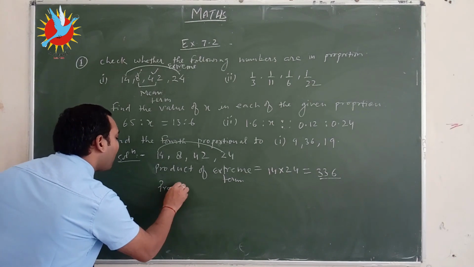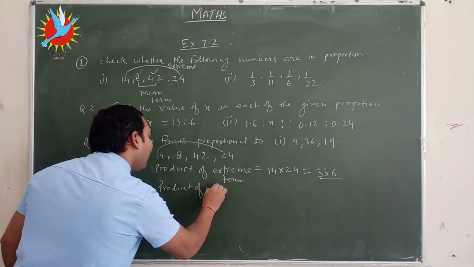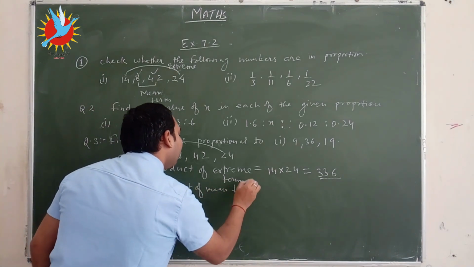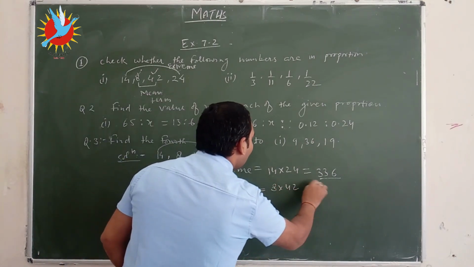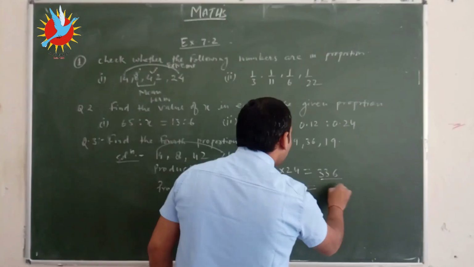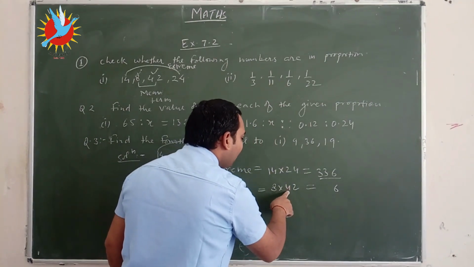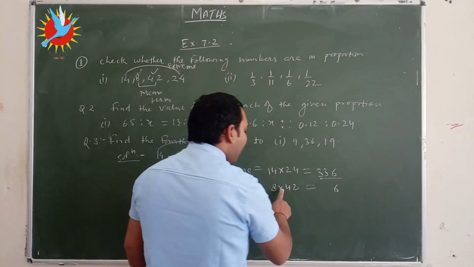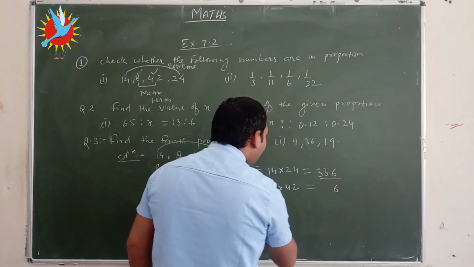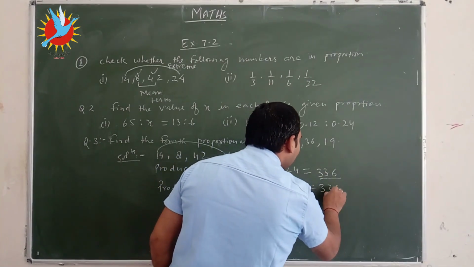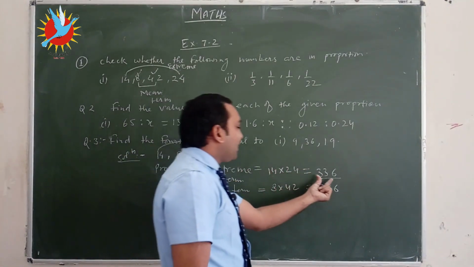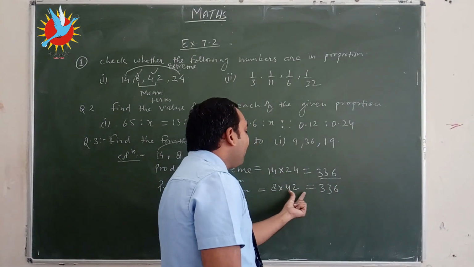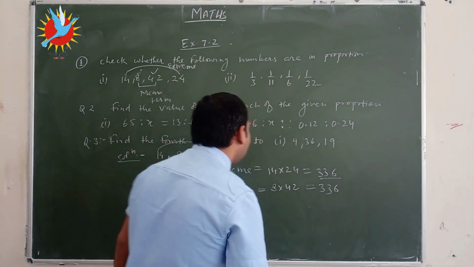Now the product of the mean terms is equal to 8 into 42. 8 times 2 is 16, 8 times 4 is 32 and 1 is 33, so 336. So here the product of the extreme terms is 336 and the product of the mean terms is 336.